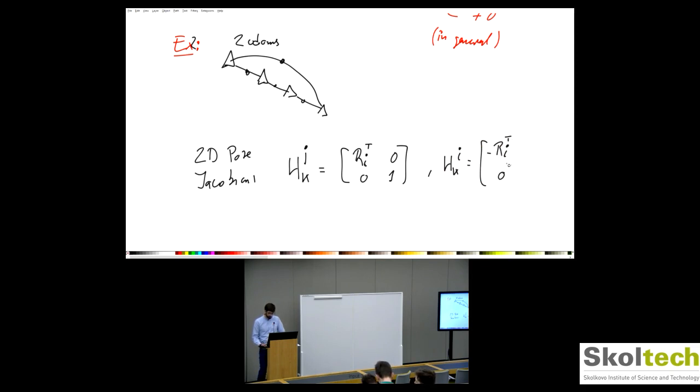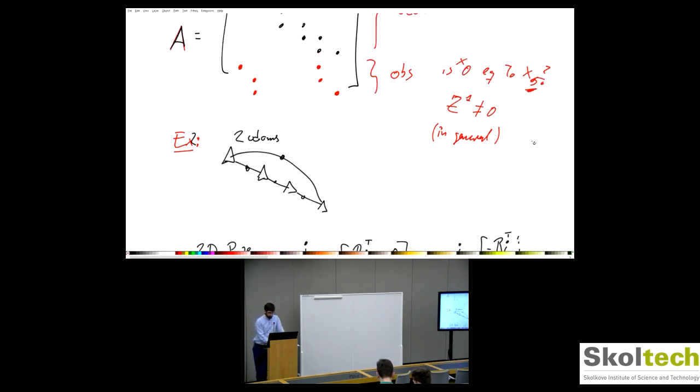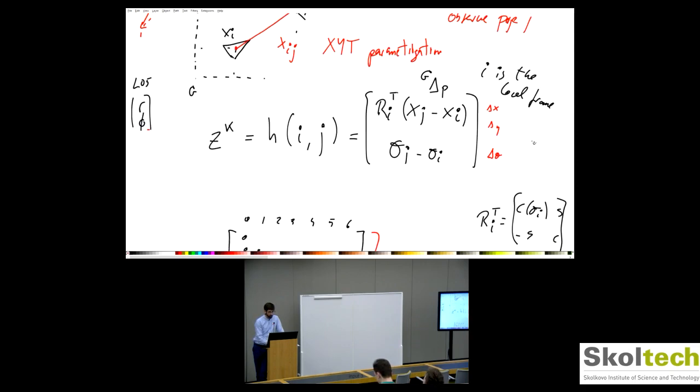Here we still have zeros. And then here comes a little non-conventional thing, and it's because of this. We need to derive with respect to theta, and the rotation depends on theta, right? So we need to do the derivative of this.